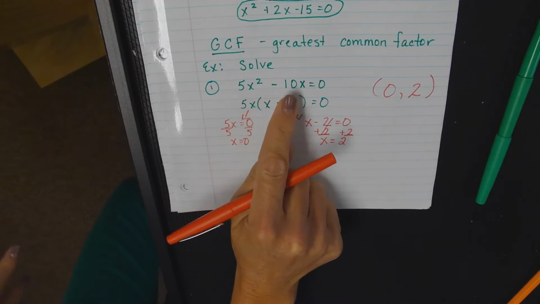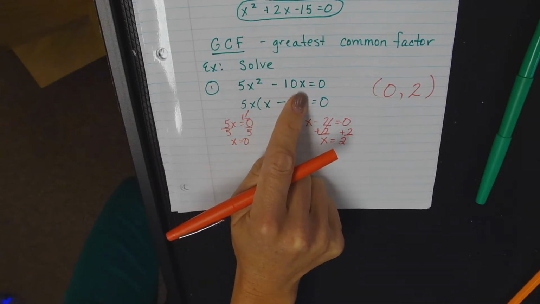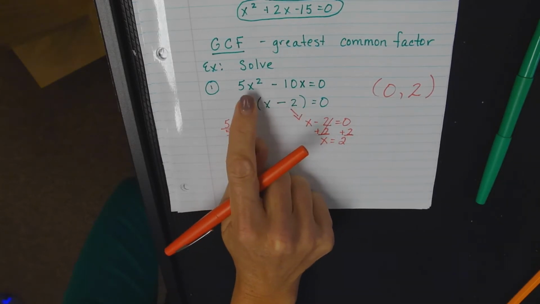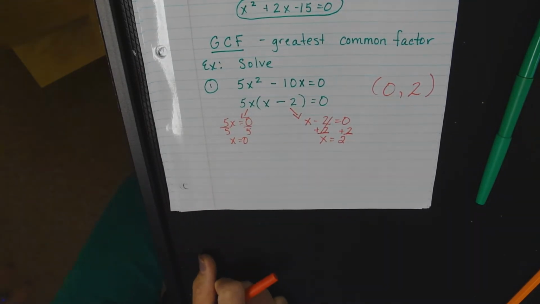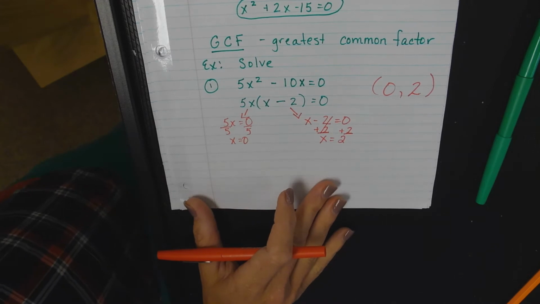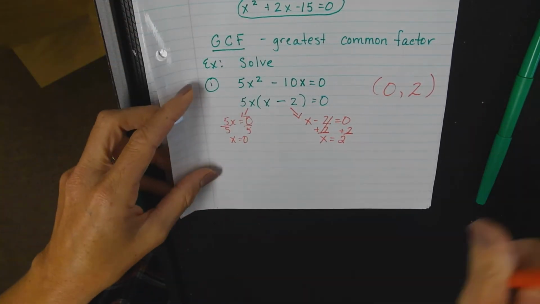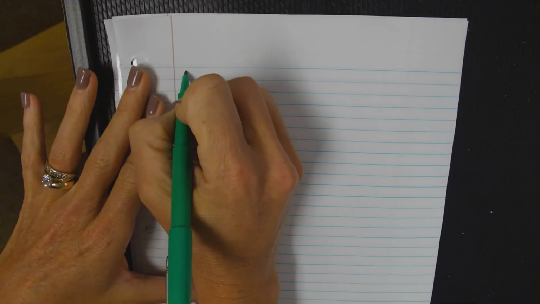Minus 10 times 2 is 20. 20 minus 20 is 0. Okay, let's do another one. Okay, so that's example 1. Number 2.